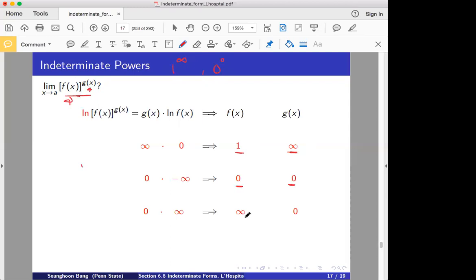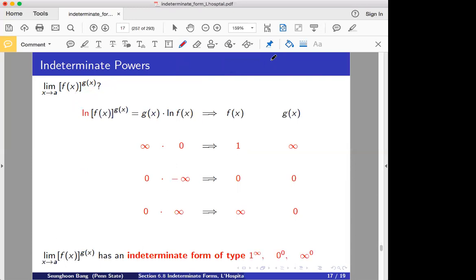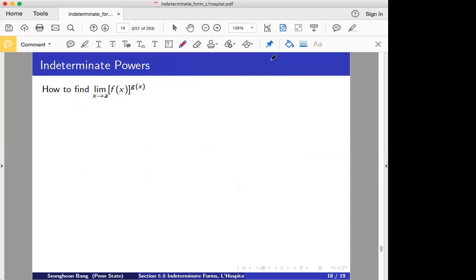Another one, f(x) is infinity, g(x) is 0. You plug into the base and power, and the last one is the infinity to the 0 form. So we have 3 types of indeterminate power forms: 1 to infinity, 0 to 0, infinity to 0.